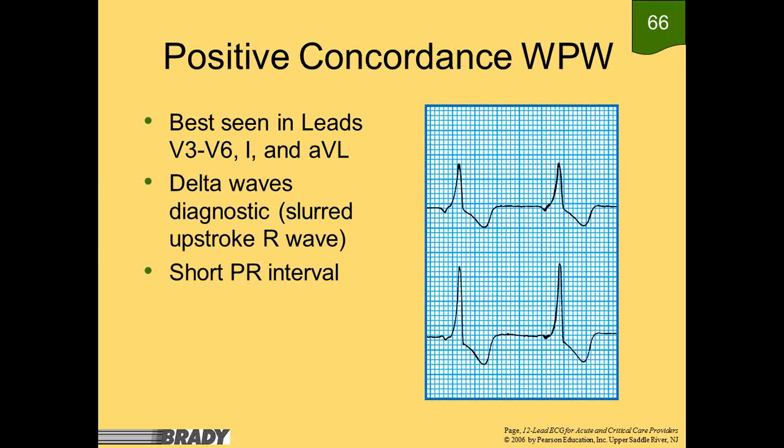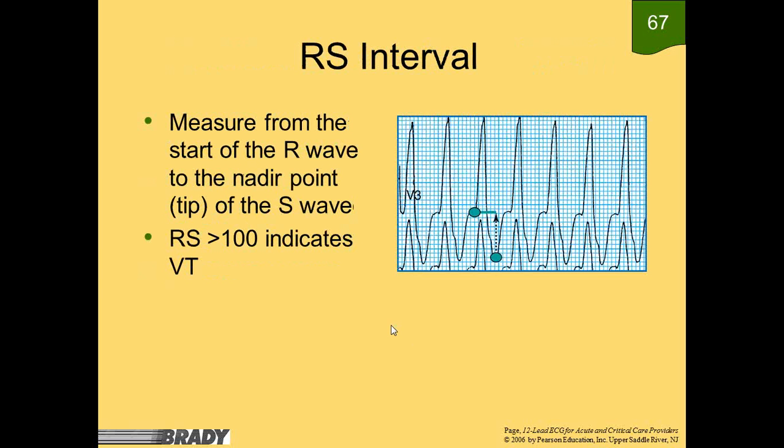And you can see as it starts to go up here, instead of going up drastically or nice sharp, it's kind of arched. And we call that a slur. So when we have that slurred R wave, that's indicative of Wolff-Parkinson-White. So that's what we're looking for with that.